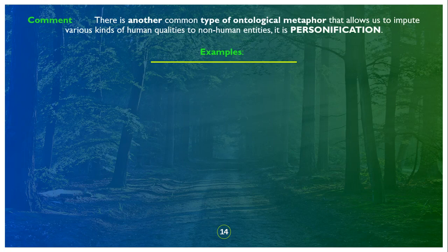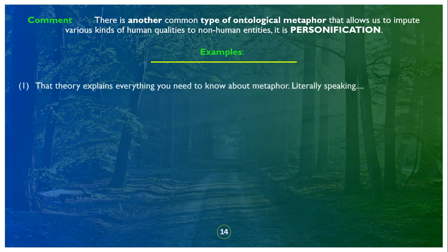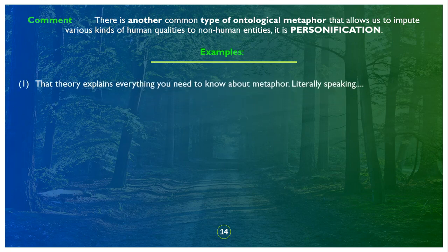Example from the comment. There is another common type of ontological metaphor that allows us to attribute various kinds of human qualities to non-human entities. It is personification. Let's see the example. Number one, the theory explains everything you need to know about metaphor, speaking literally.